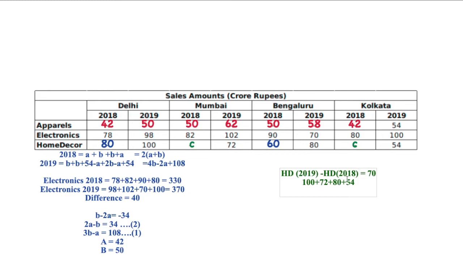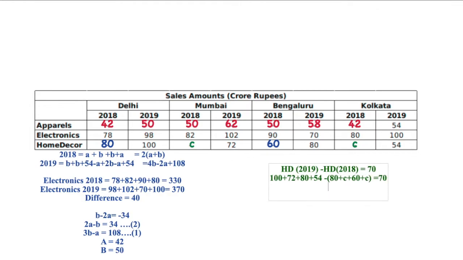This is the 2019 data, minus 80 plus C plus 60 plus again C is equal to 70.